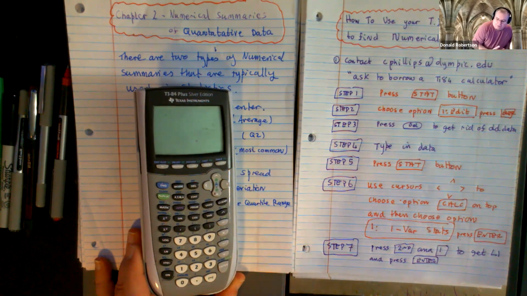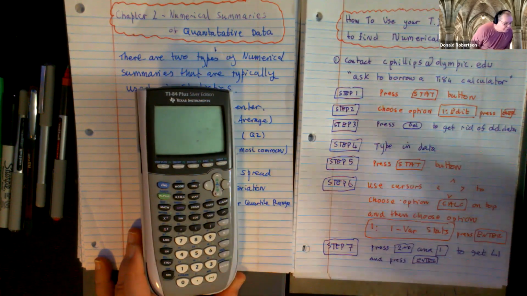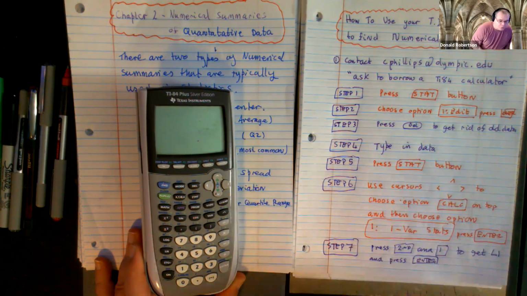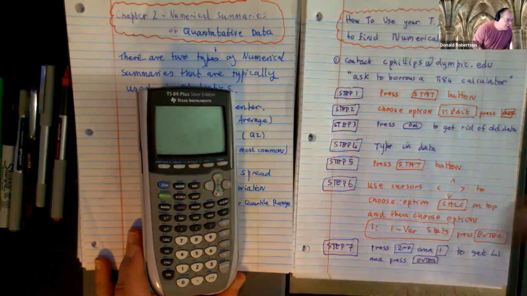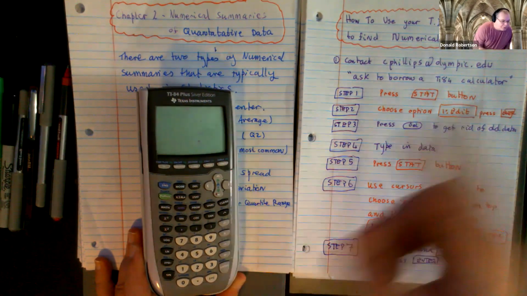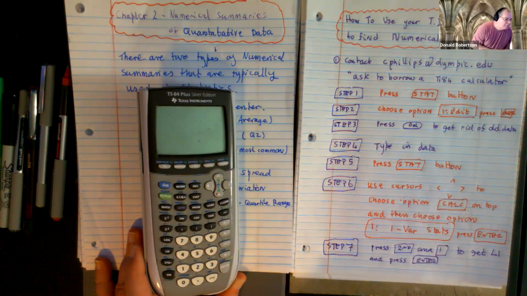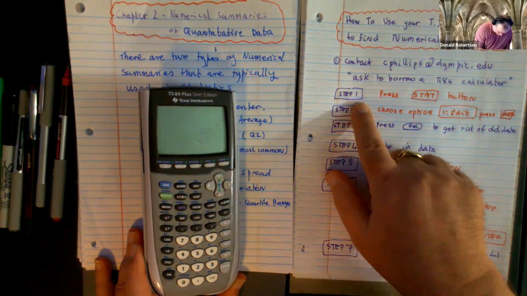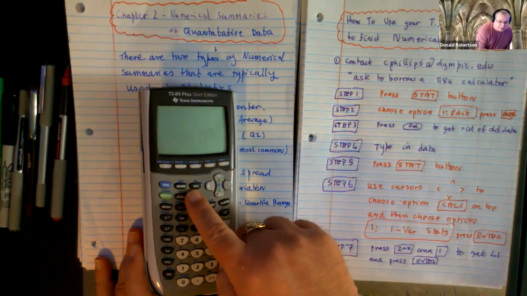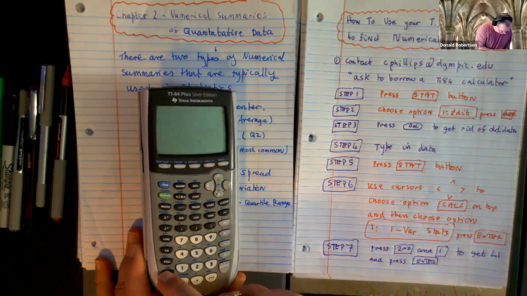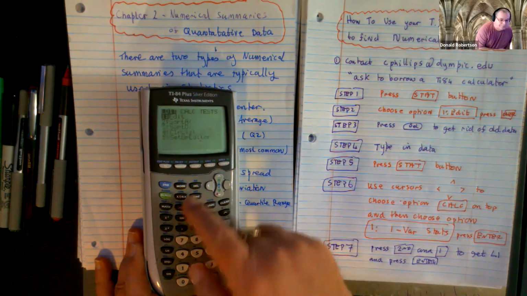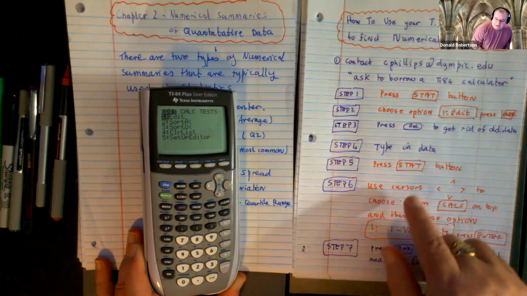So how do you get, say, a 5-figure summary from a list of data, and you don't want to do it by hand? So imagine it's 20 numbers. You'd have to put them in order and pick the middle. And can you imagine how messy it would be to get the mean of 20 numbers, right? So step 1, press the STAT button.